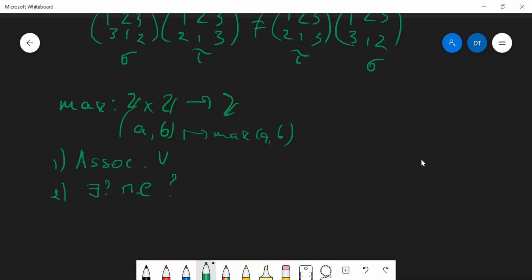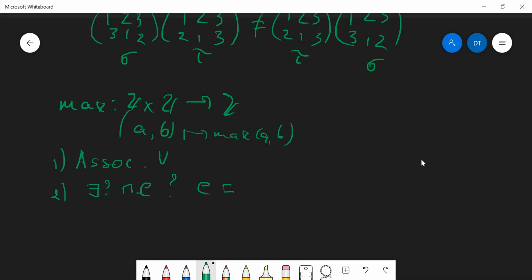Name explicitly which integer plays the role of the neutral element. Okay, no neutral element. I agree that there is no neutral element. So why is there no neutral element?